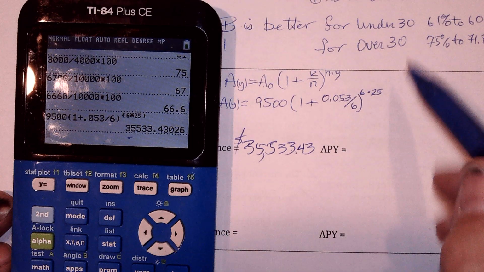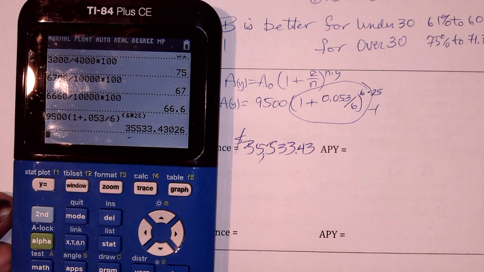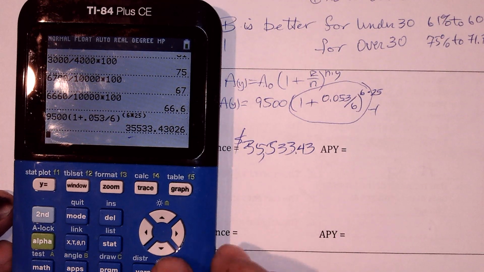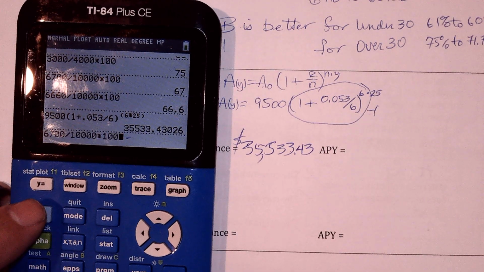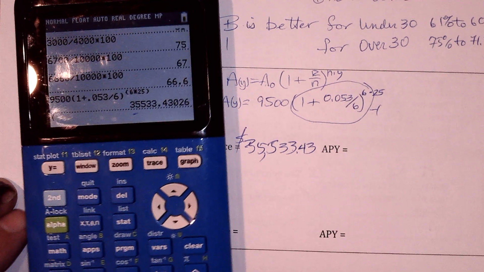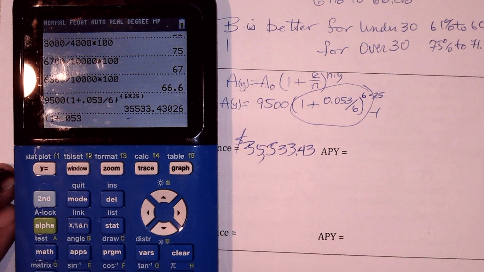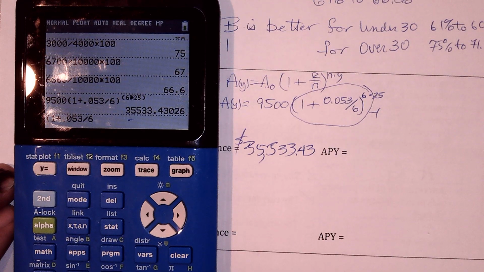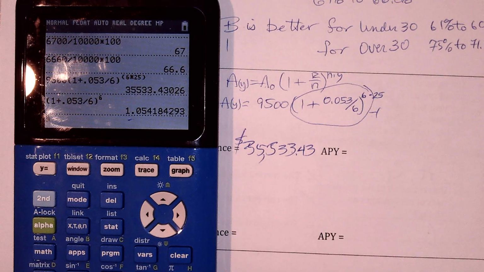The APY is this part minus 1. So I can go up, bring this last one back. Oops, messed it up. I have to do parenthesis 1 plus 0.053 divided by 6, close parenthesis, to the 6th, says it's 100% plus 5.41% more.